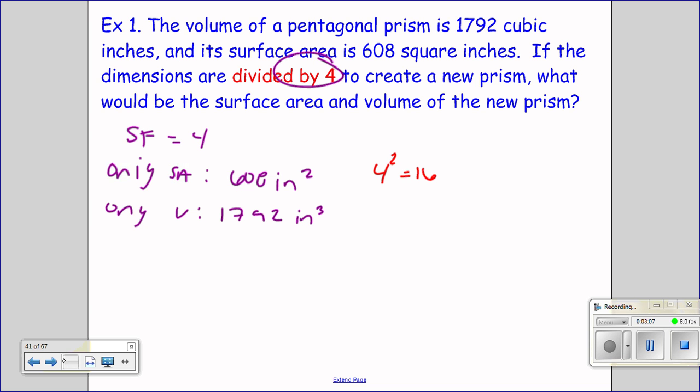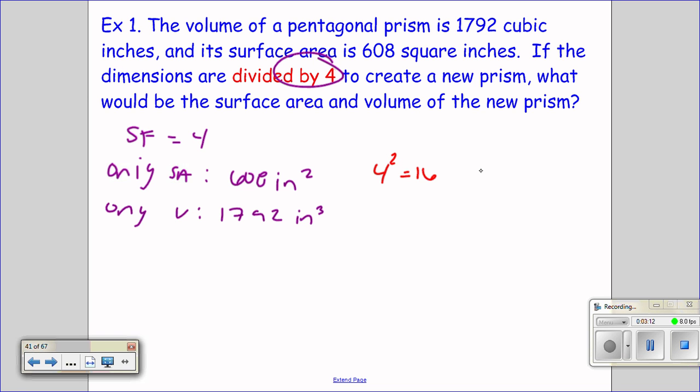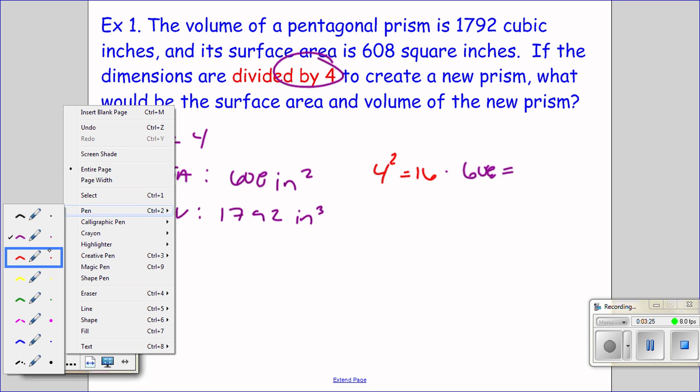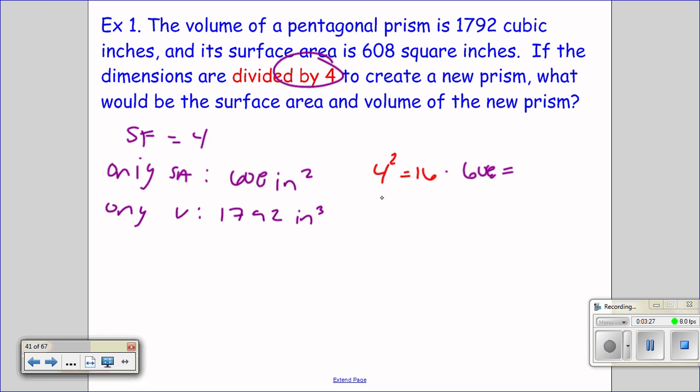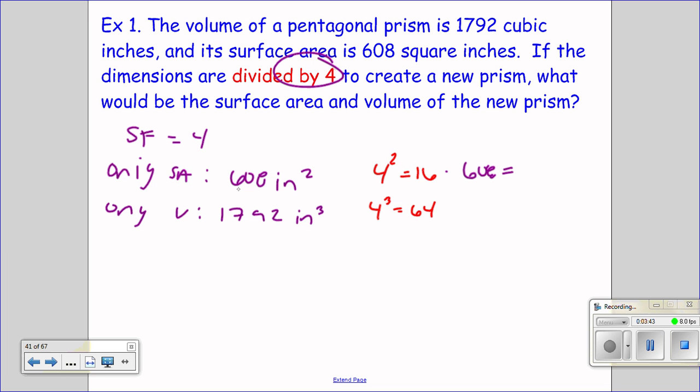And I'm going to take that value and multiply it with the original area, 608, to find my new area. Same idea with the volume. I take the scale factor, again 4, but this time I'm going to cube it, and that is actually 64. And I'm going to take that times the original volume to find the new volume.